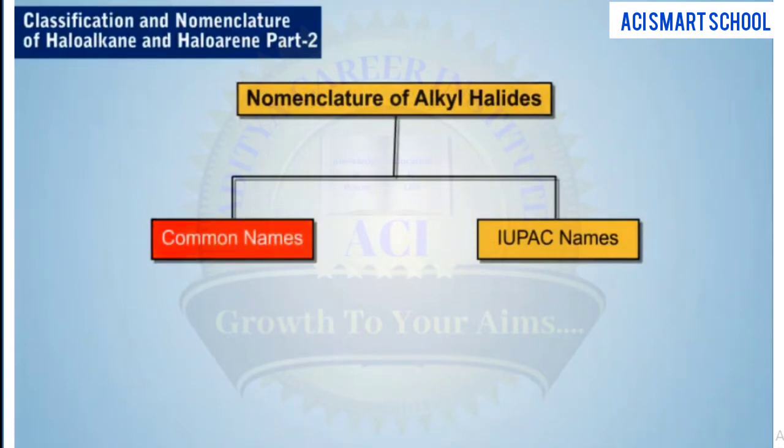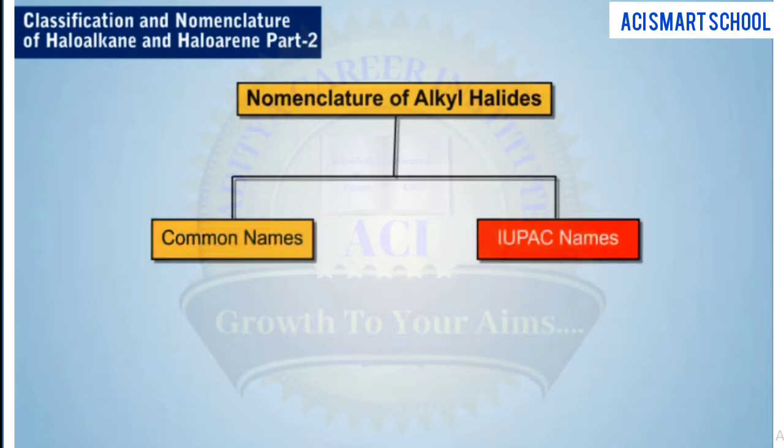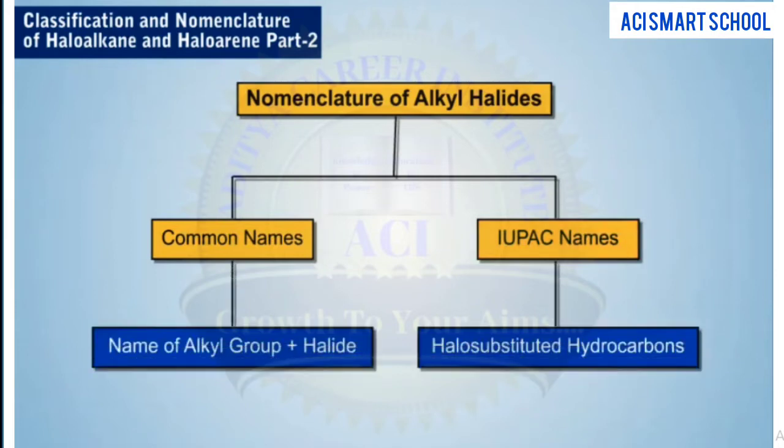Many compounds have common names as well as systematic IUPAC names. The common name of alkyl chlorides can be found by giving the name of the alkyl group, followed by the halide. In the IUPAC nomenclature system, they are named as halo-substituted hydrocarbons.